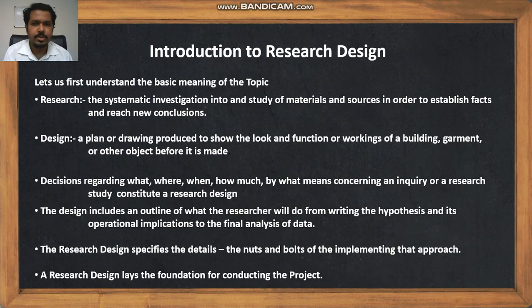One side is research, and on the other side is design. And I have gathered some basic definitions of research here. You can see on the screen that research is the systematic investigation into and study of materials and sources in order to establish facts and reach new conclusions. That is how research has been defined.